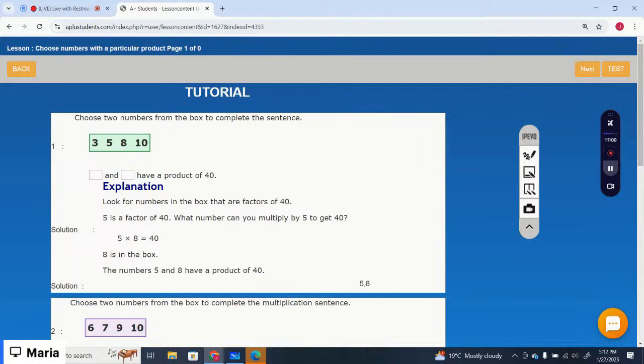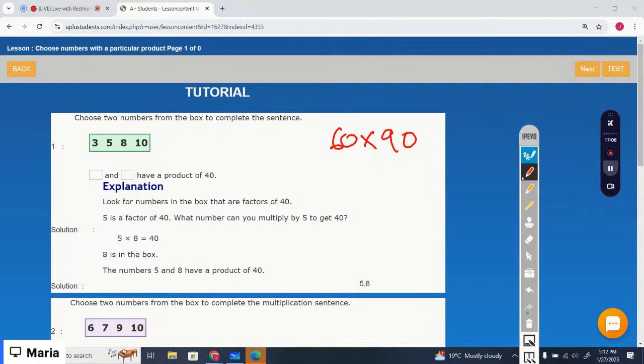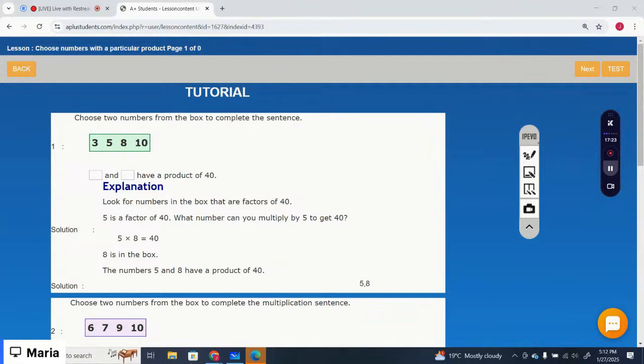You are given 3, 5, 8, and 10. You have to find which two numbers, when you multiply, make 40. You can start multiplying the first two numbers, like 3 times 5. 3 times 5 makes 15, not 40. You can do 5 times 8. 5 times 8 is 40. So you can multiply different numbers and see which numbers make 40. That is 8 times 5.